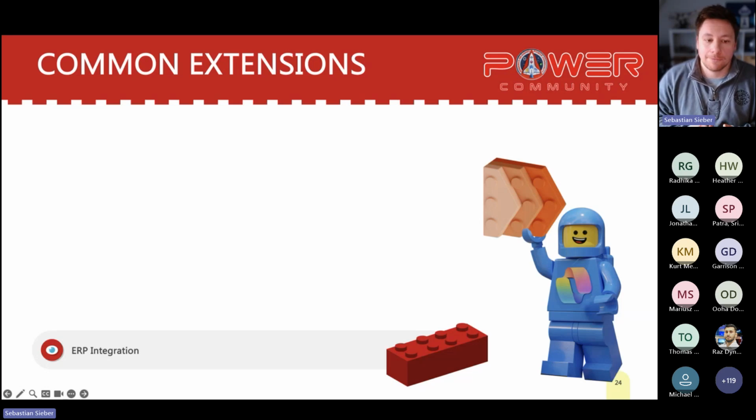What we have done in the past, very often and very successfully, is to integrate any kind of ERP system into that process. This works because the Power Platform is such a powerful tool to handle those integrations so seamlessly that we can build whole new custom processes.